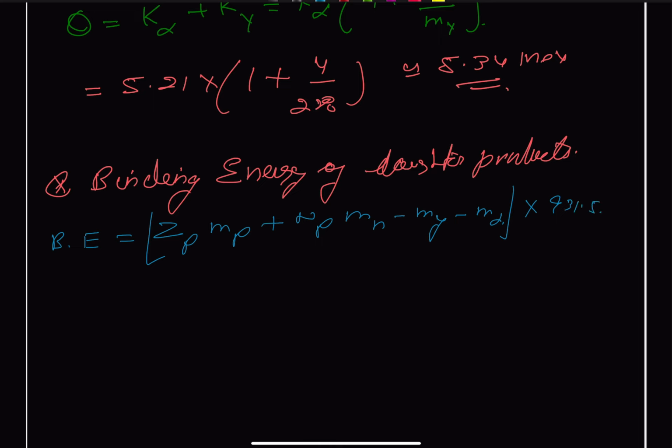Zp is the protons in the parent, Np is the neutrons in the parent, and Mp and Mn are their respective masses.